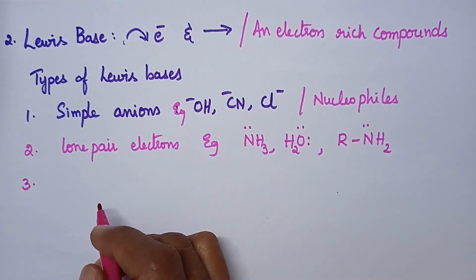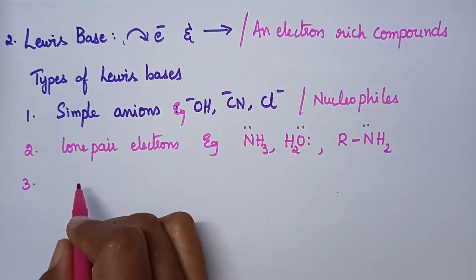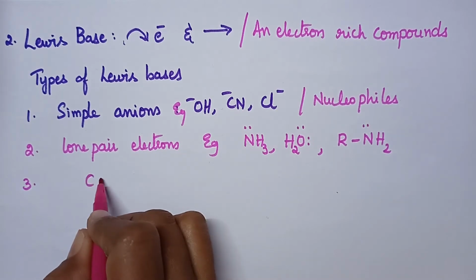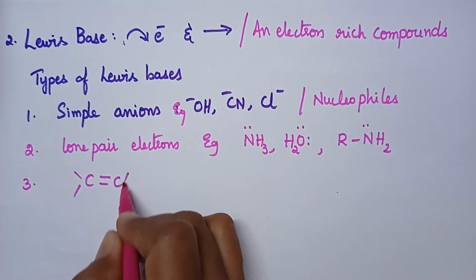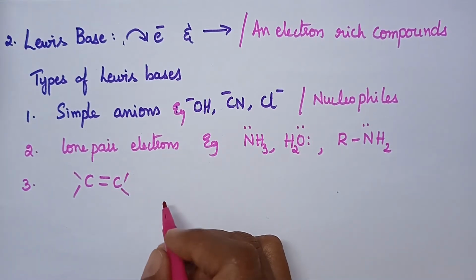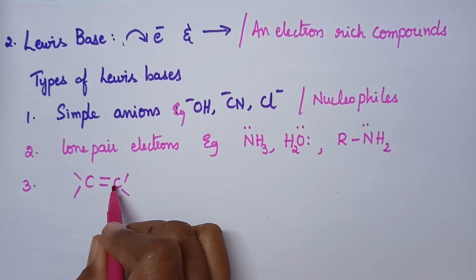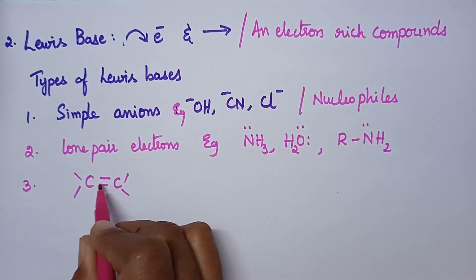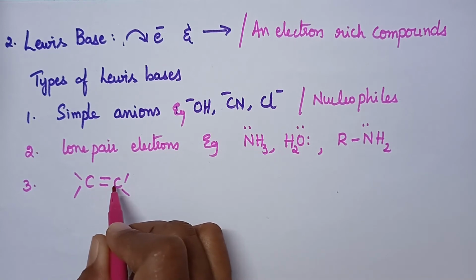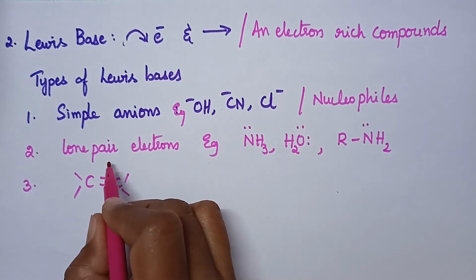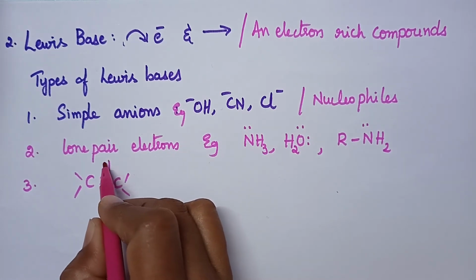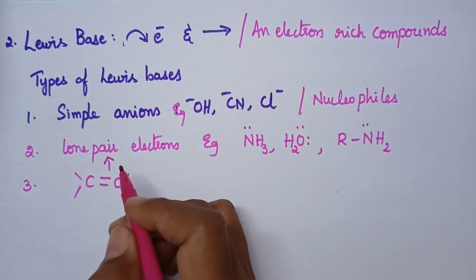At the same time, when we consider molecules containing multiple bonds between the carbon atoms, they can also act as Lewis bases since these two atoms have the same electronegativity value, and hence if an electron deficient compound is available, these compounds can donate electrons.